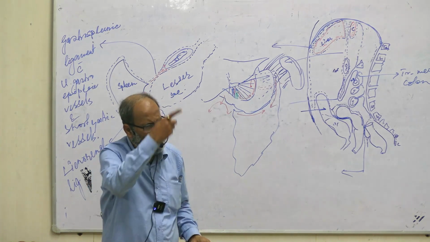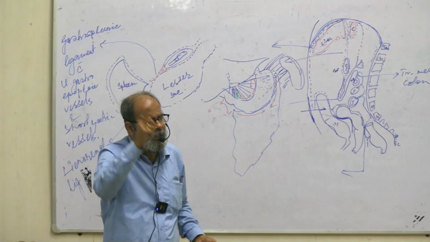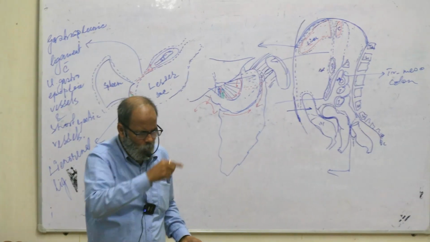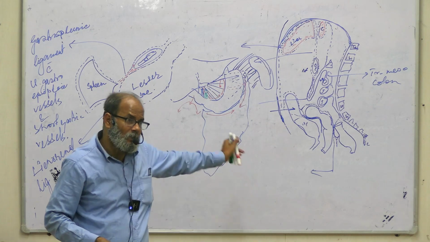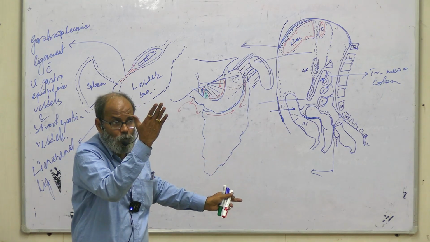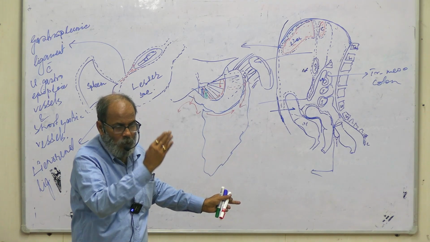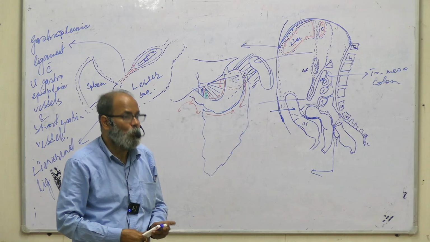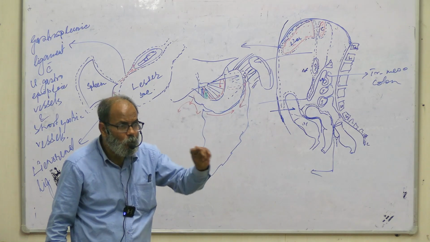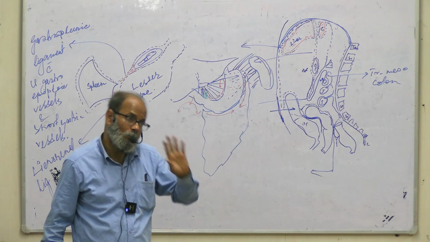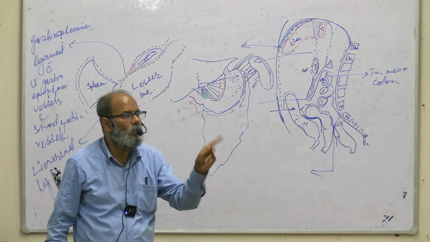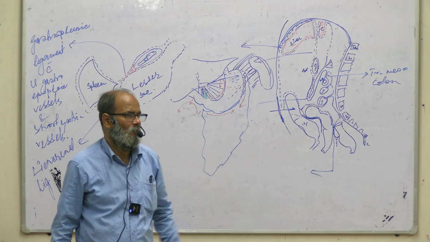I have drawn one picture. This is the peritoneal cavity, this is the testis, drawn below into the inguinal canal by the gubernaculum, and one pouch, one process, comes along with it. This is known as the processus vaginalis. Only the distal part of it remains, and that is known as the tunica vaginalis of the testis.